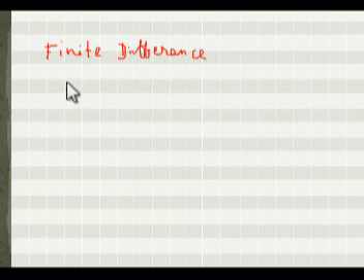Finite difference is very easy to define, and it is essential to find the intermediate argument value or entry value. So what is finite difference?